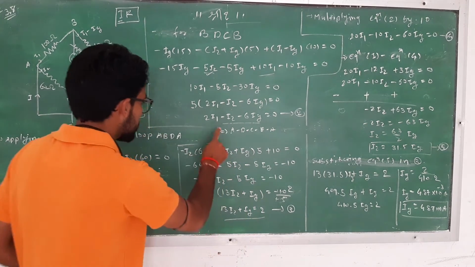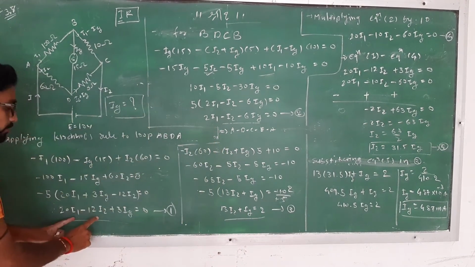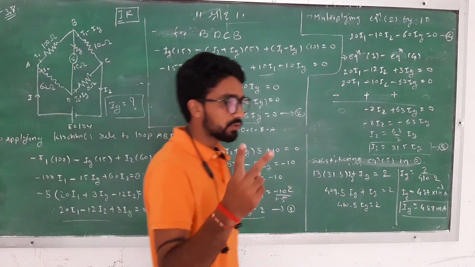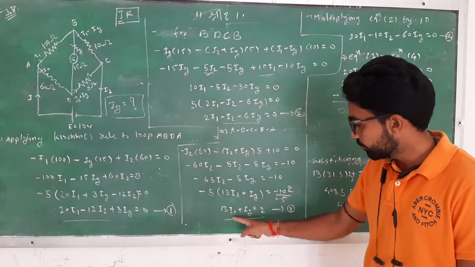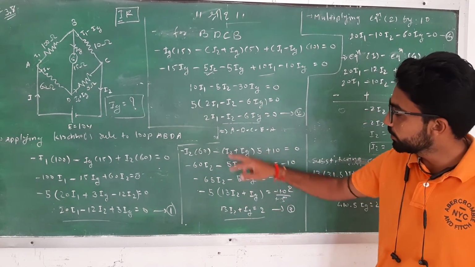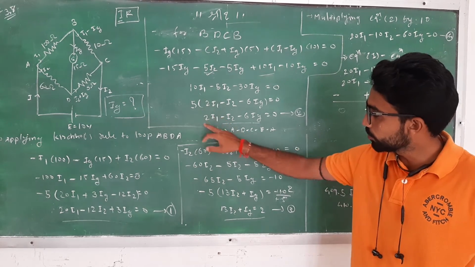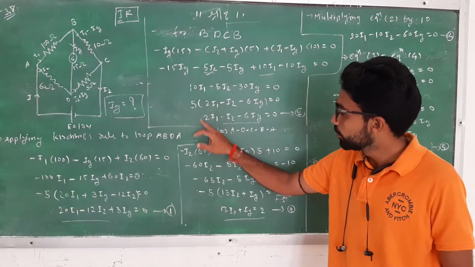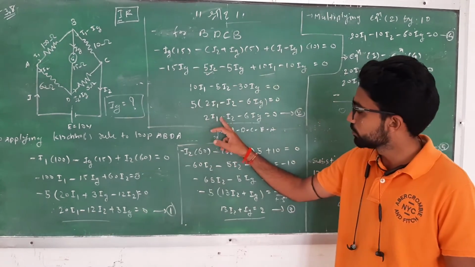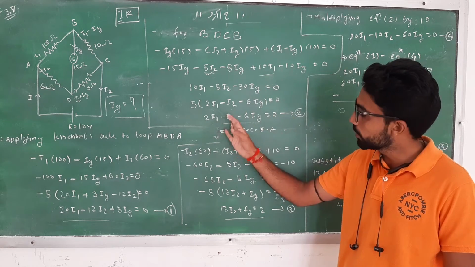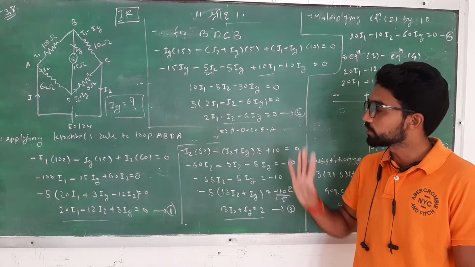So now our goal is to find the equation in which only the two terms I2 and IC are present. You can see our objective is to remove this I1 from these two equations. Then from that equation in I2 and IC, we can find the value of I2 in terms of IC.